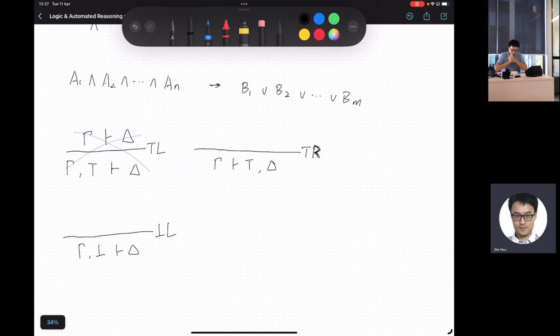A sequence says the conjunction of the left-hand side implies the disjunction on the right-hand side. And when we do reasoning with sequence calculus, we're not going to do bottom up sometimes and top down other times. We're going to fix one direction. So we're going to go bottom up all the way.